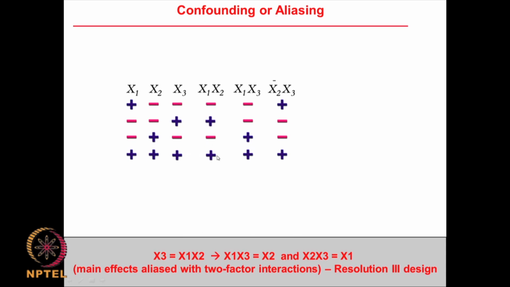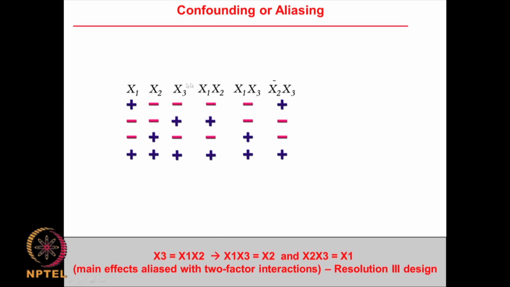So, I will not be able to tell whether it is because of the change in x3 or because of the confounding of x3 with x1, x2, which is temperature into pH. A temperature into pH interaction may also give the same changes. I will not be able to really differentiate.